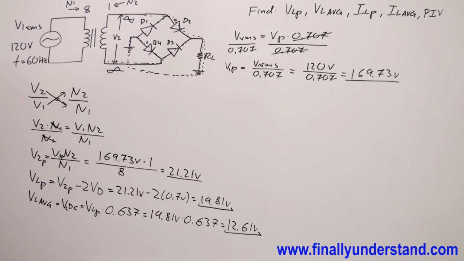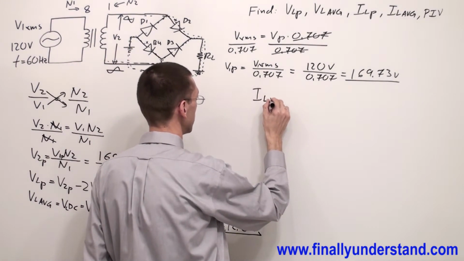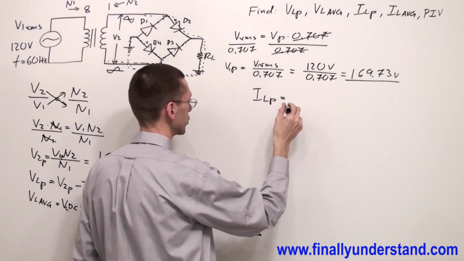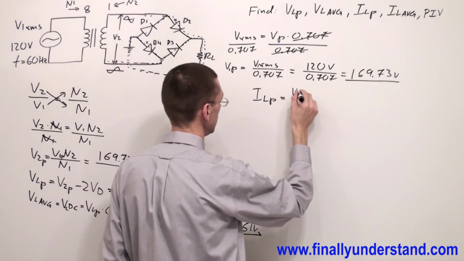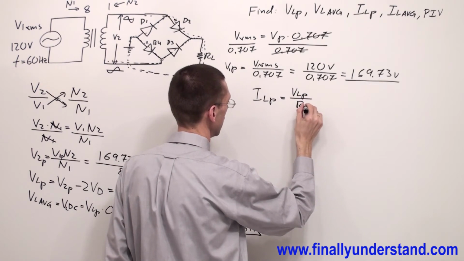Next, we're supposed to find IL peak. IL peak we are going to find by using Ohm's law. IL peak is VL peak over RL.